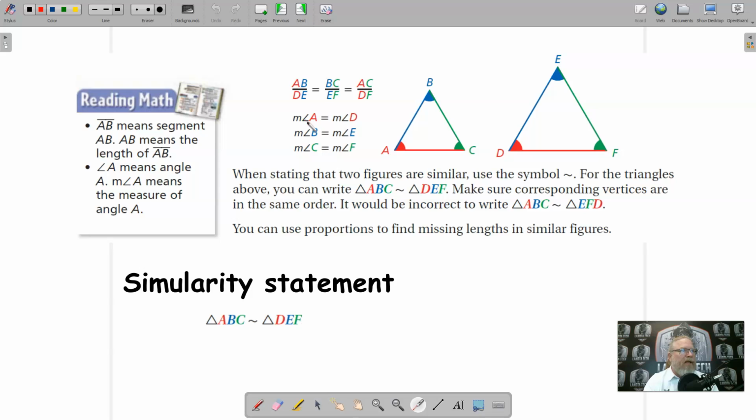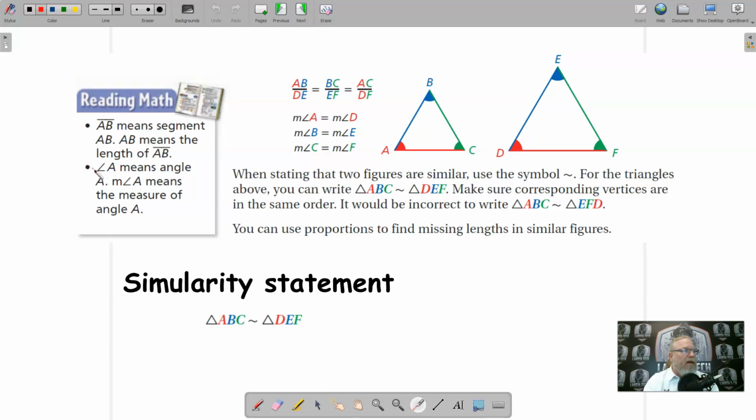So whenever we say AB here in our proportion that we have set up, we'll talk about that in a moment. But where it says AB, this is actually talking about the length of line segment AB. So this AB and DE, BC, EF, AC, DF, these are all actual numerical values that we have in here.